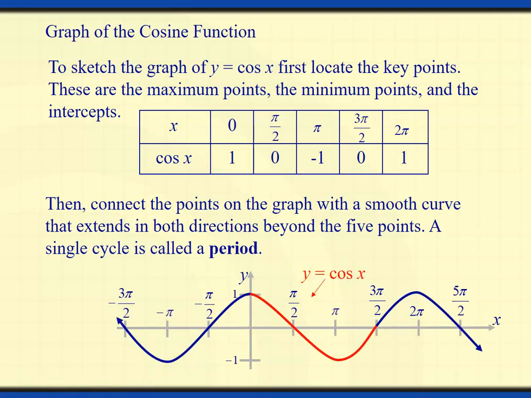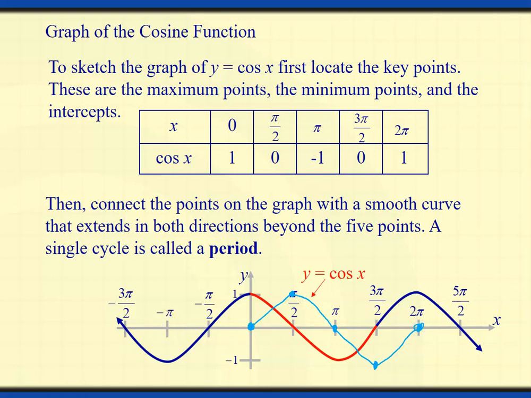Going back to sine, we have this diagram. The sine starts here, goes to 1, then 0, goes to -1, and then goes to 2 pi. So this is the graph for sine. That is one cycle.